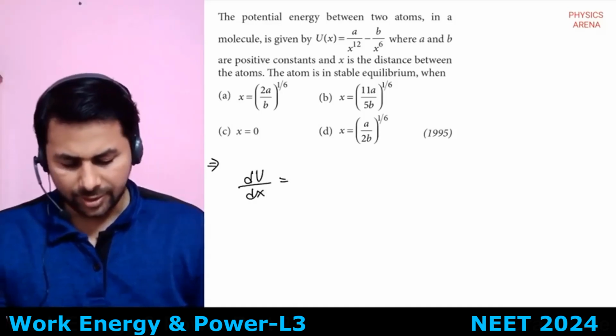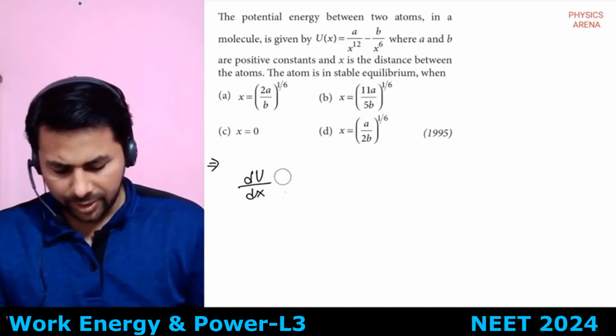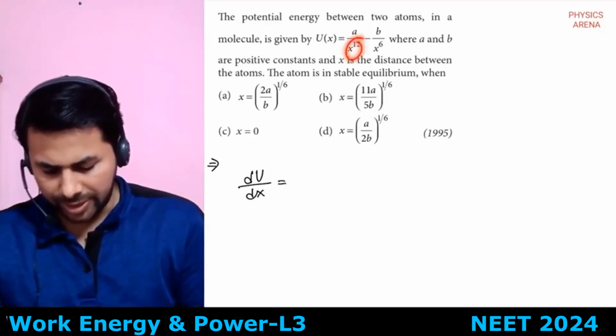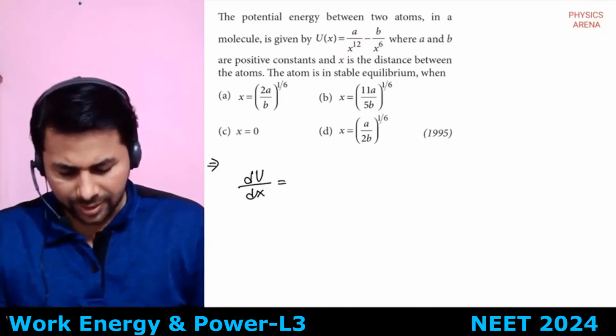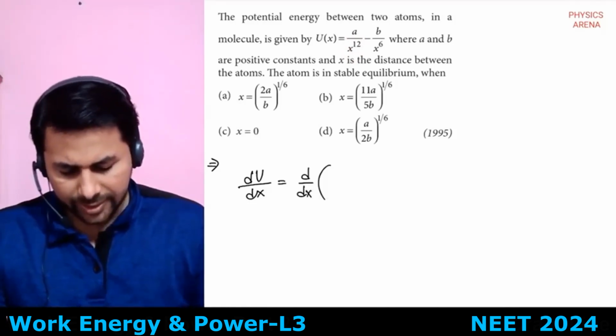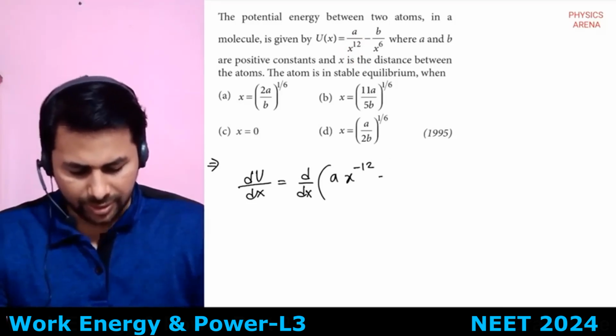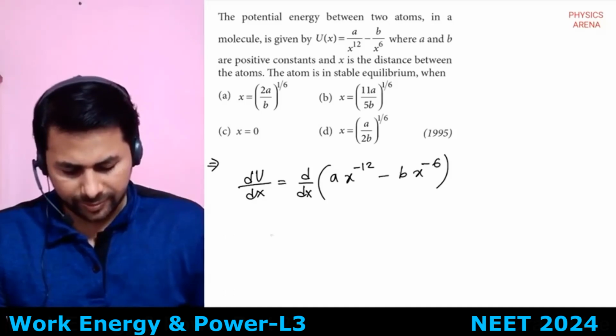That is the first condition. Once again you have x raised to 12 in the denominator, so I will write it as d by dx of a multiplied by x raised to minus 12 minus b multiplied by x raised to minus 6.